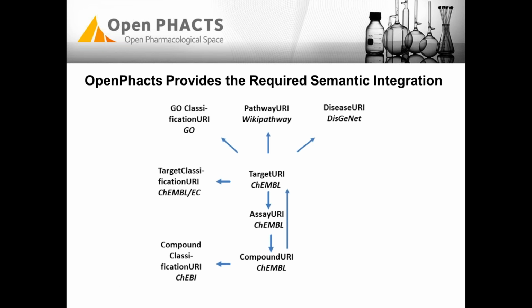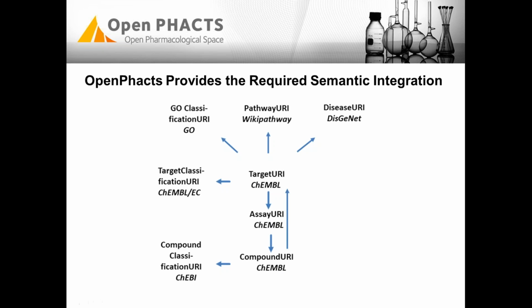So Open PHACTS provides the required semantic integration. So here you see basically an outline of the network of URIs which are interconnected and linked data which we have in Open PHACTS. If you have a target, you can go to the assays and the compounds.